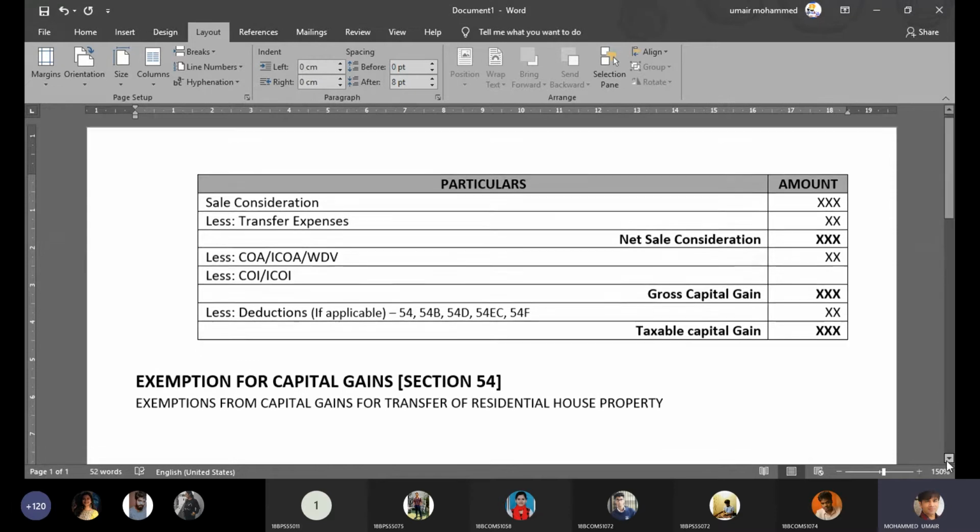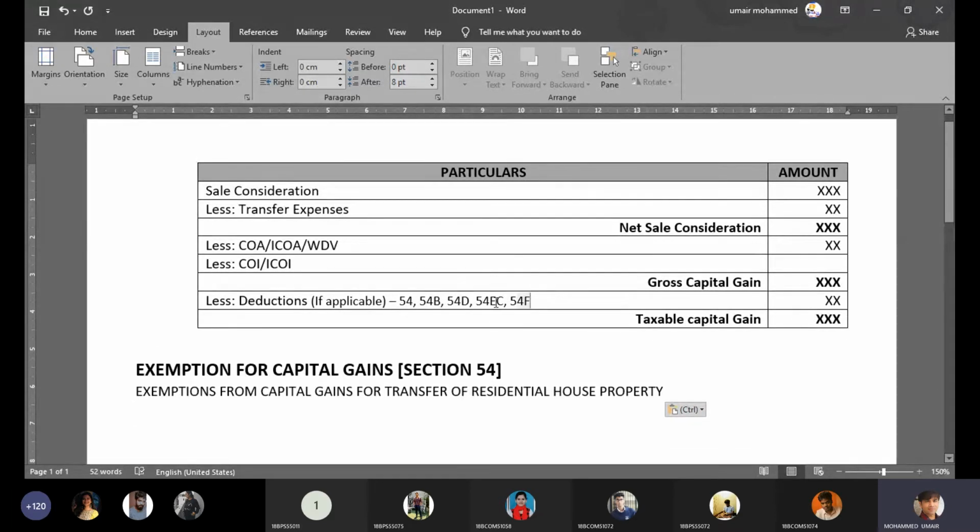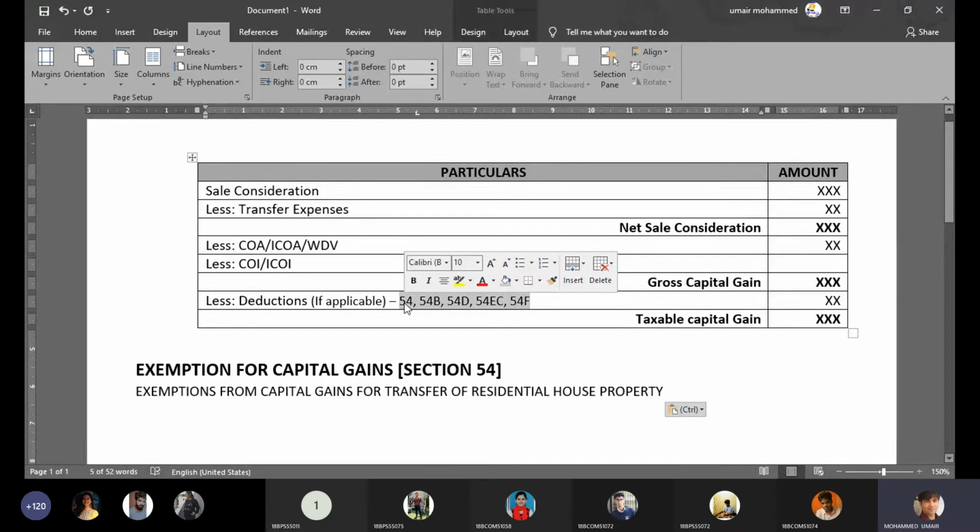All these sections offer deduction on a certain condition, and the condition is quite simple. The assessee should sell something, and the amount of profit he has earned by selling that capital asset, he should reinvest somewhere else. That's the simple logic behind all these deductions. The gross capital gain made by the assessee by selling the capital asset has to be reinvested somewhere else.